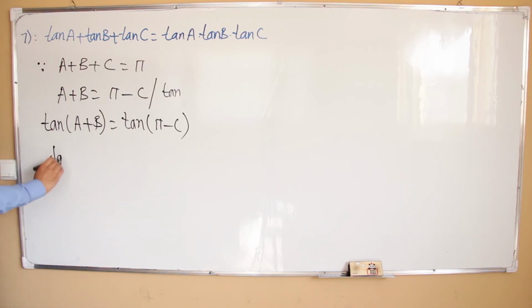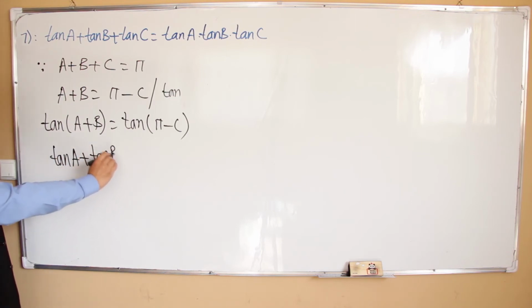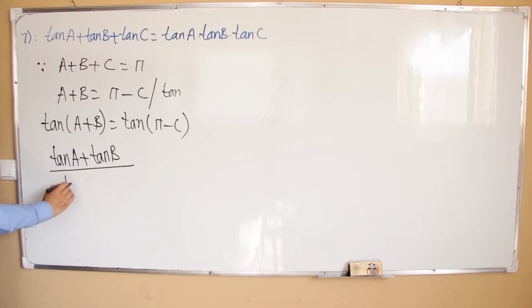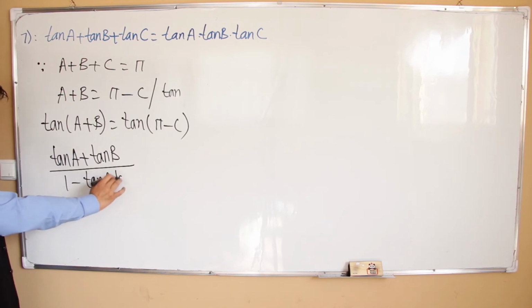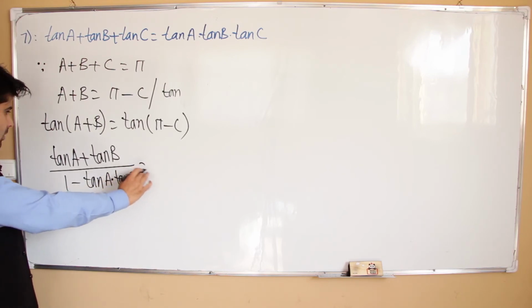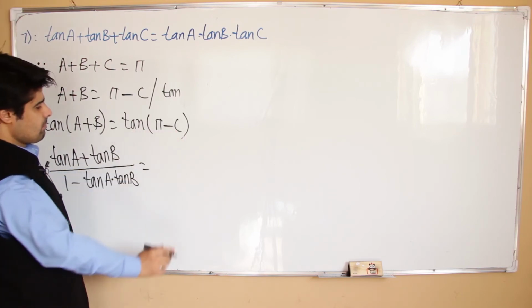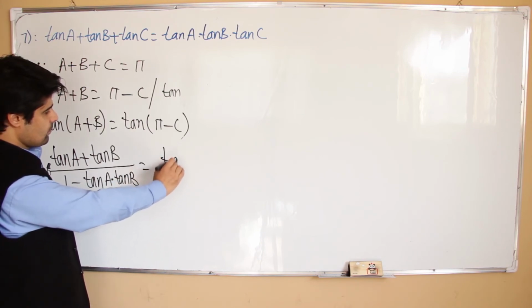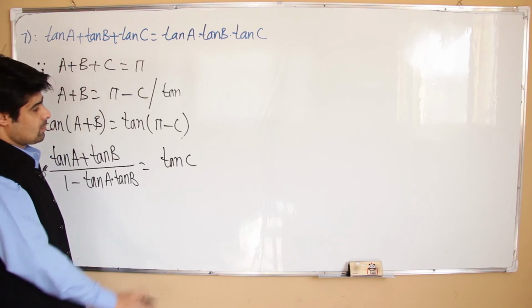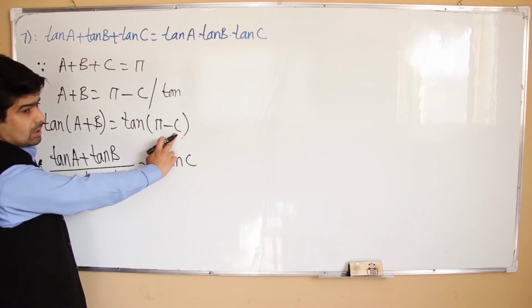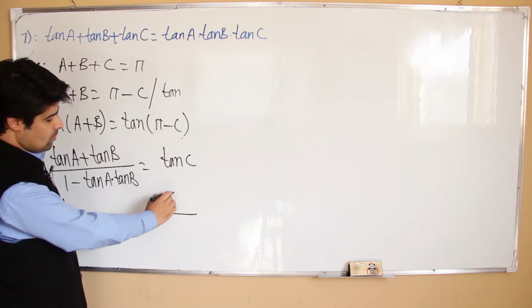So this one is tangent alpha plus tangent beta divided by 1 minus tangent alpha, which is A, times tangent beta, which is B. Now, tangent pi minus C is negative tangent C. In which quadrant? Second quadrant. 180 minus something is second quadrant.